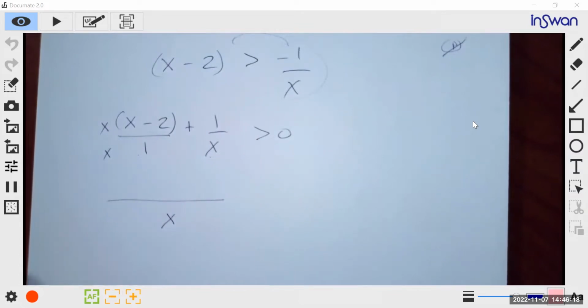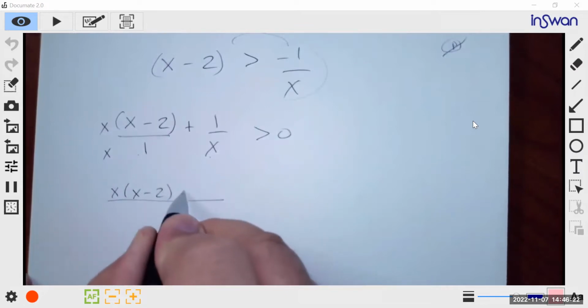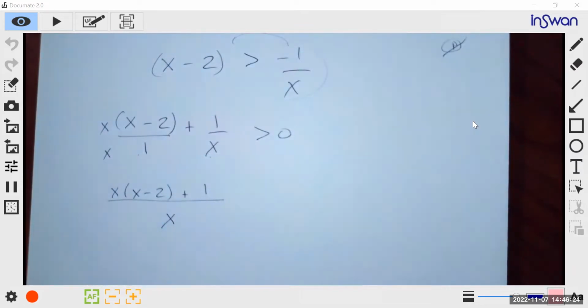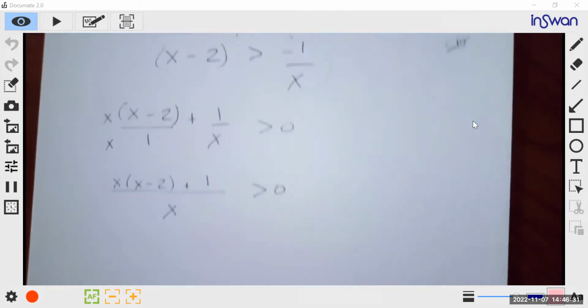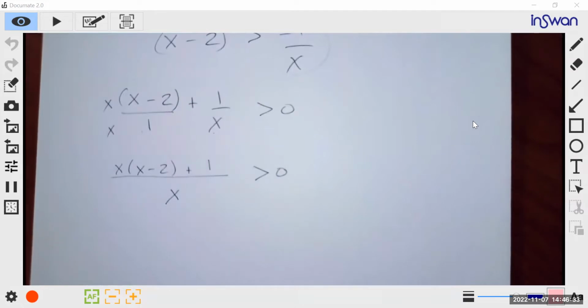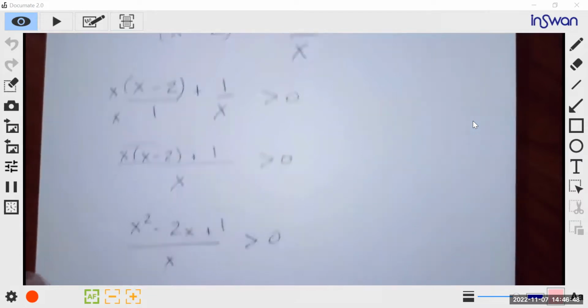I have a common denominator x, so I have x minus 2 plus 1 is greater than 0. Distribute, so we have x squared minus 2x plus 1 over x.